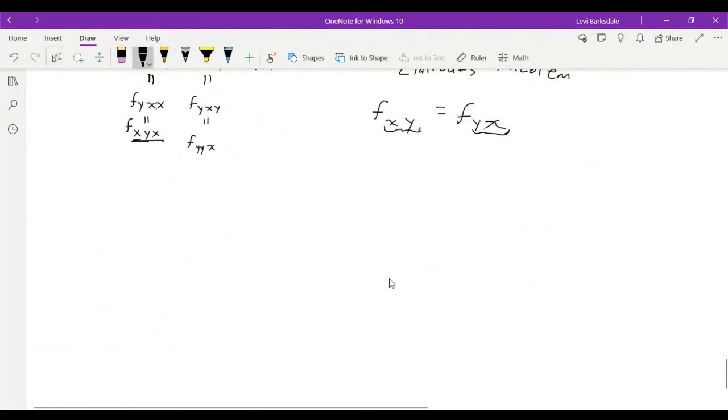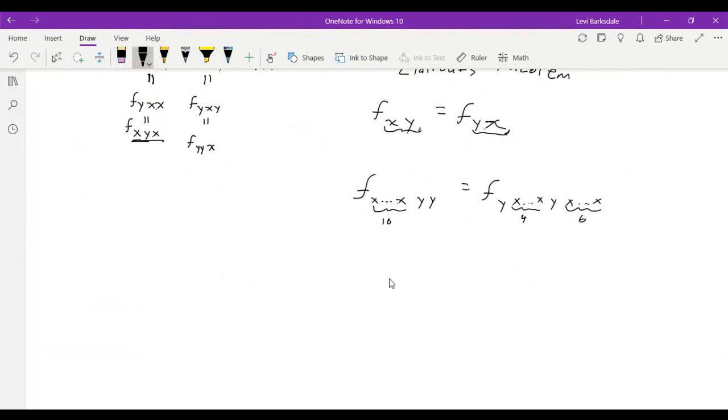So if you had some function and you took the derivative with respect to x 10 times and then y twice, that would be the same as taking the derivative with respect to y, then x 4 times, then y again, and then x 6 times.